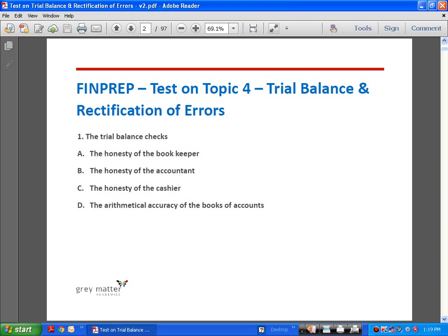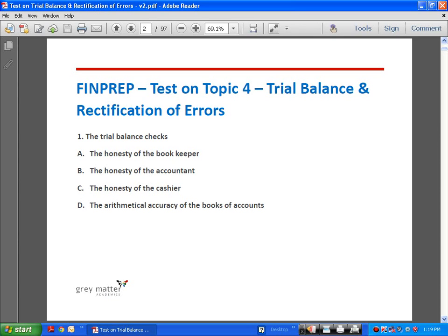What is the impact of this error of principle? Will the trial balance agree? Yes, the trial balance will agree, because instead of debiting one account, the debit has gone to another account. So the debit and the credit have been made of equal amounts, but it's just that the debit has gone to a wrong account.